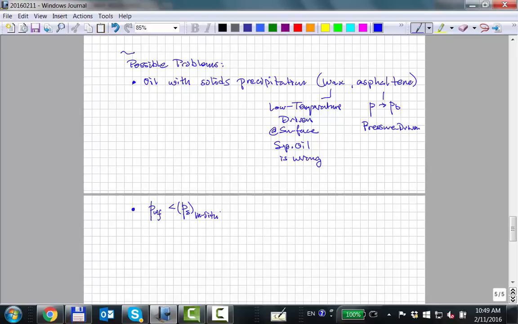Well, near the well, you've got 2 phases, gas and oil, right? So that leads to 2 phases, gas plus oil, flowing in the near well region.